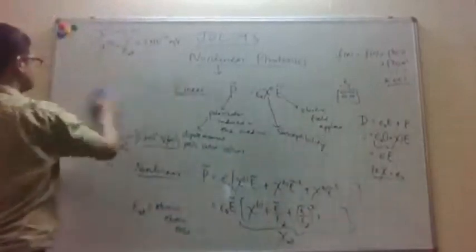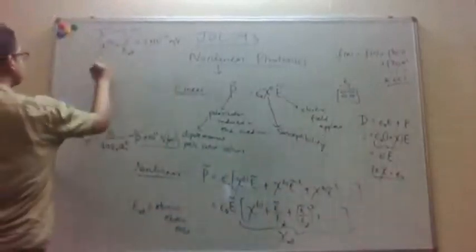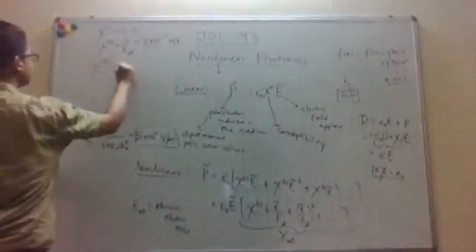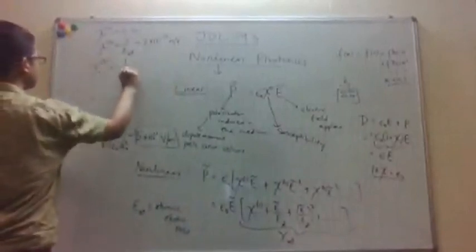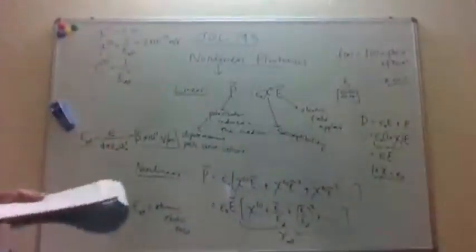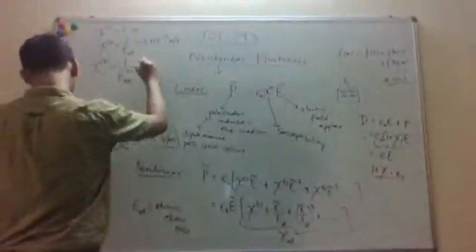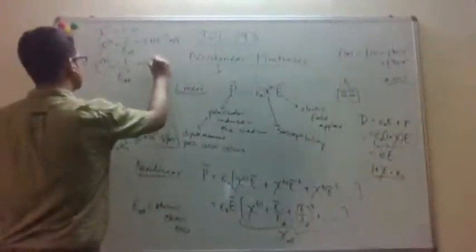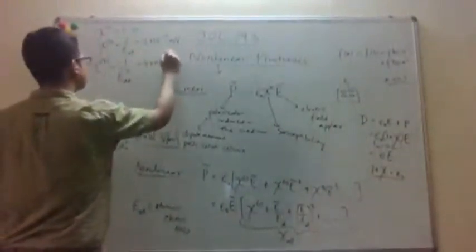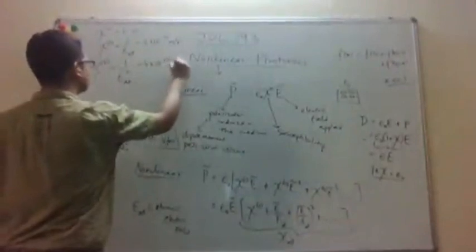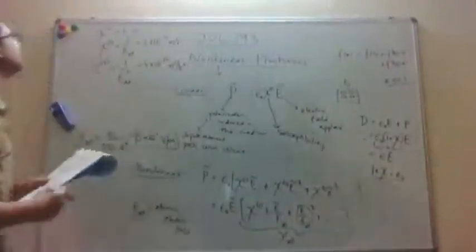And then chi3 by extension would be 1 over E atomic square. So it has units of 1 over the square of the electric field. And this will now be even smaller, 10 to the minus 24 meter square per volt.